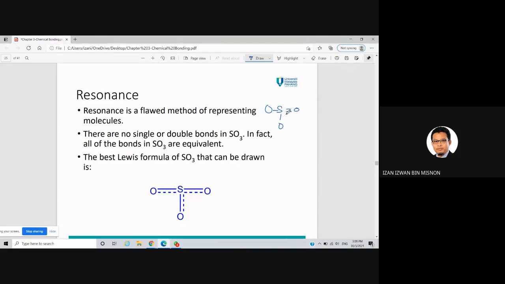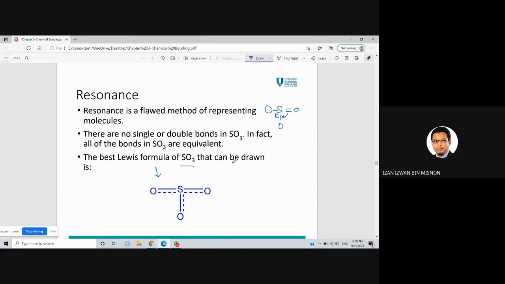However, since the electrons can be delocalized within the bonding, in fact, all of the bonds in SO3 are equivalent. So the best Lewis formula of SO3 can be drawn as this one, meaning that the delocalization of electrons can occur across all the S-O bonds.